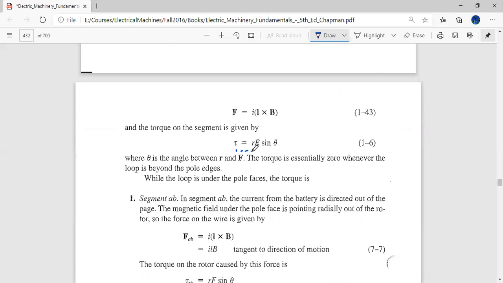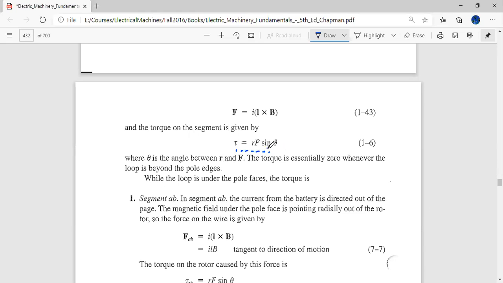This is the generic formula. And why we take this component is because we need to take the force and the perpendicular distance. And we always know that the angle between R and F, F is always tangential to the circle, R is always acting perpendicular to this.